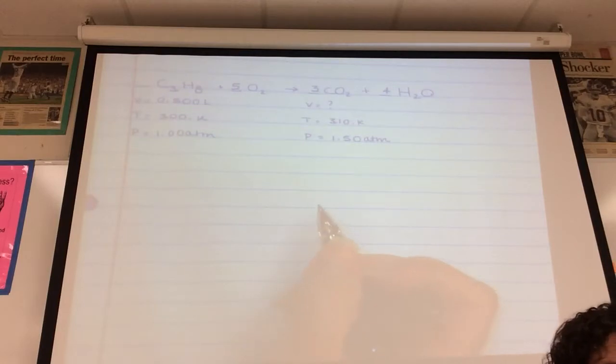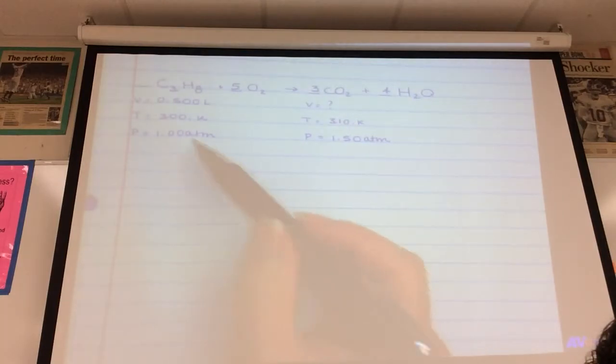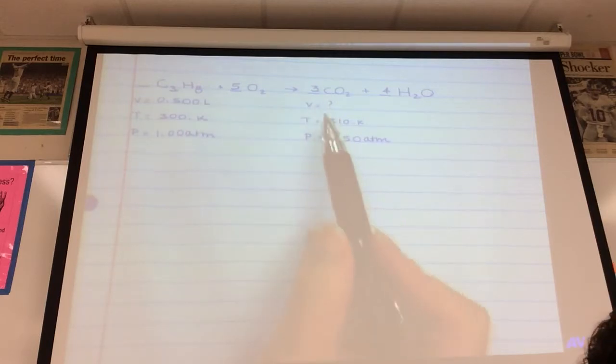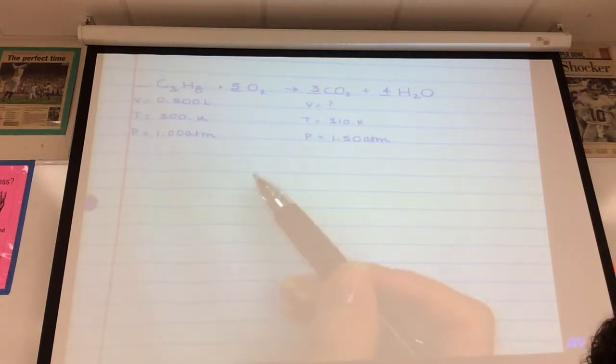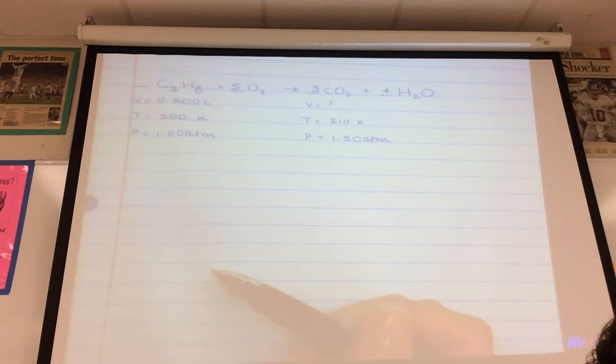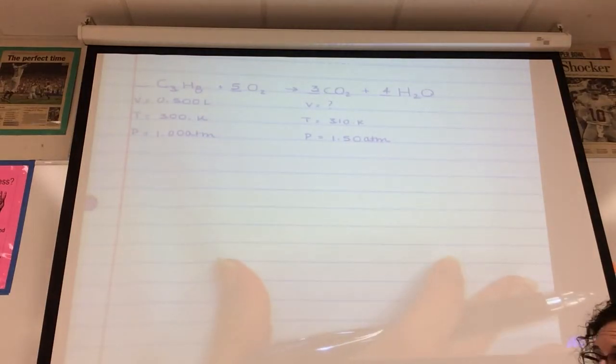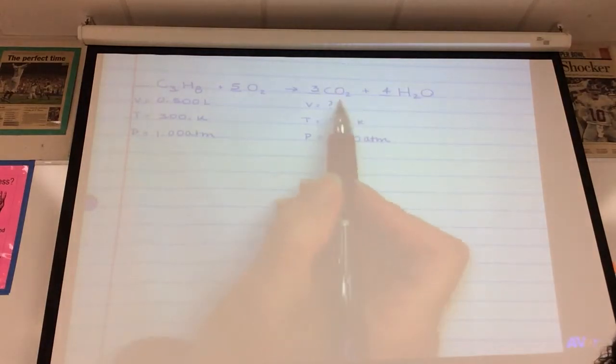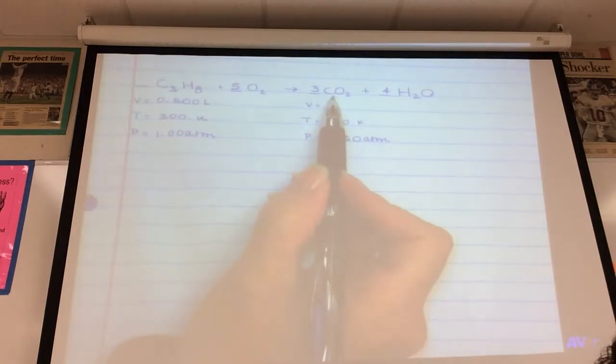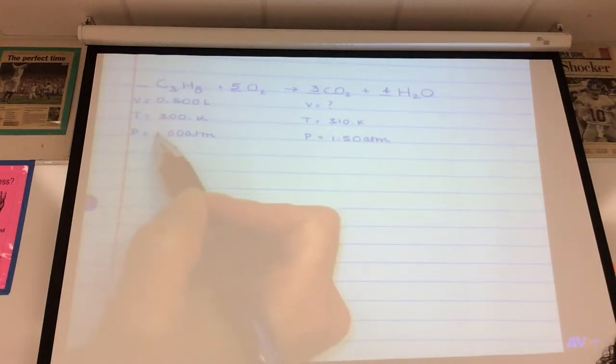However, you've got two different temperatures and pressures for different gases. So this requires volume stoich, then the combined gas law. What you first need to do is get the volume of CO2 under this set of conditions.